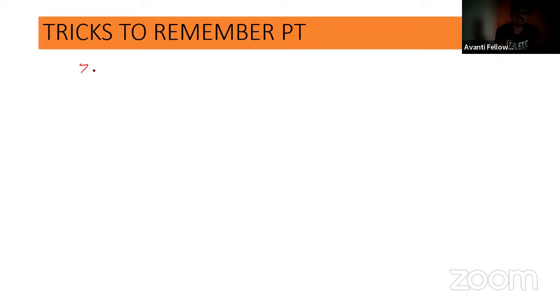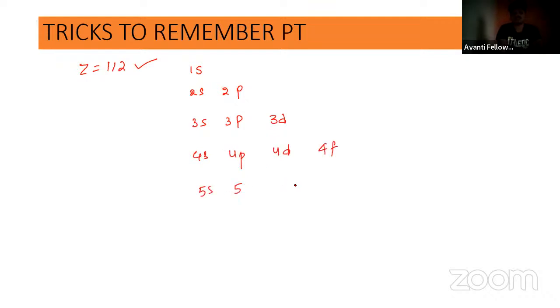Let's suppose I'm giving Z is equal to 112. I told you to write the electronic configuration. Whether you people remember it or not, the Moeller diagram is there. 1s, 2s, 2p, 3s, 3p, 3d, 4s, 4p, 4d, 4f, 5s, 5p, 5d, 5f, 6s, 6p, 6d, 6f, 6g.